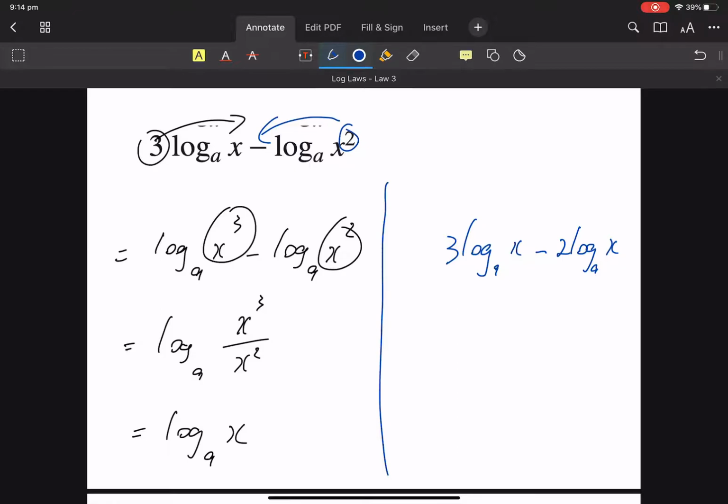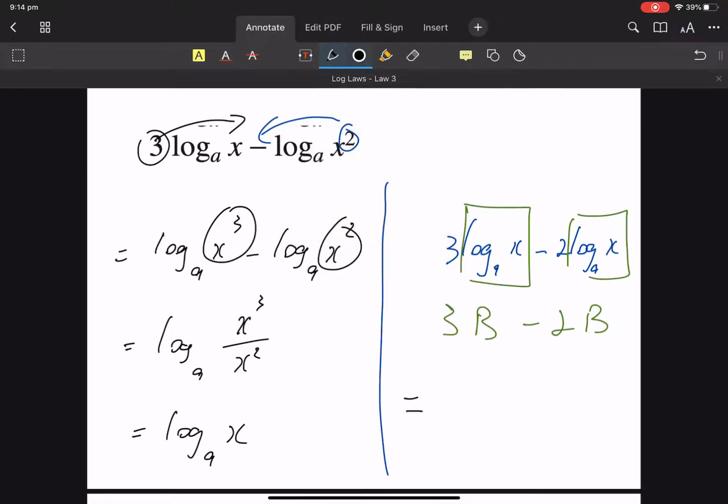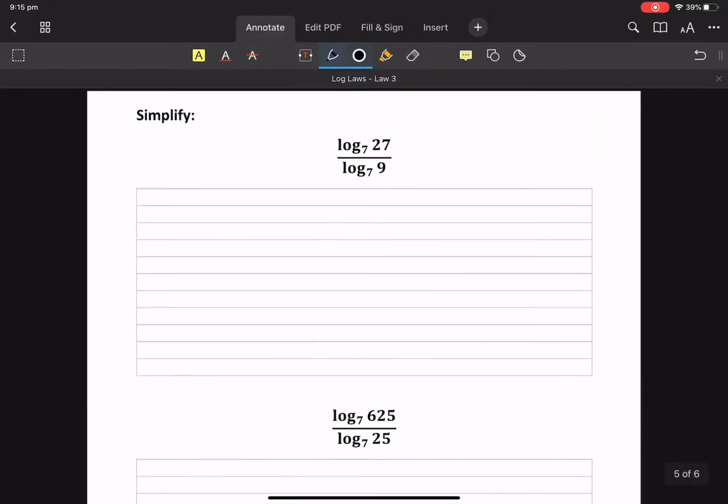Can you see that that's the same as 3b minus 2b? Because they are like terms. If you've got 3 of something and you take 2 of those somethings away, you end up with just 1 of those somethings. And the answer agreed. So that was nice. We can go either way and still get the same answer.